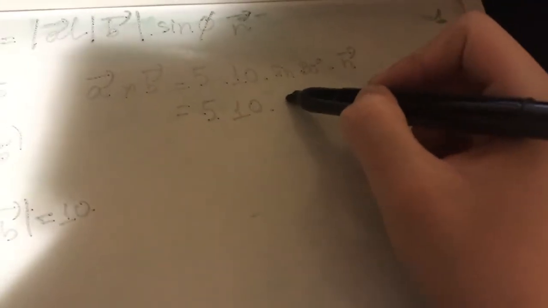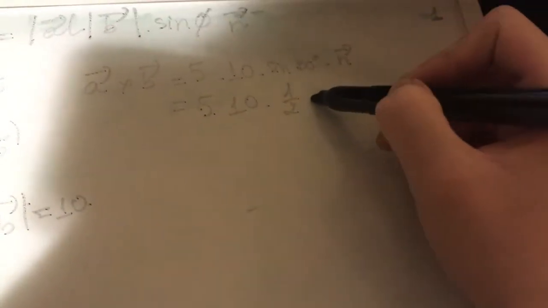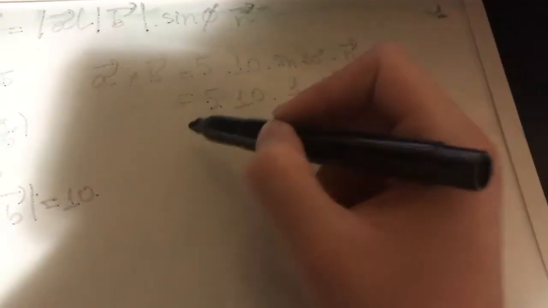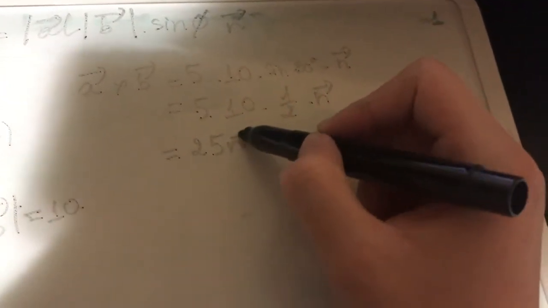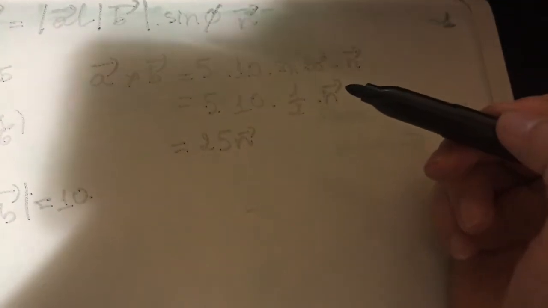It will equal 5 times 10 times 0.5 times n. It equals 25 n.